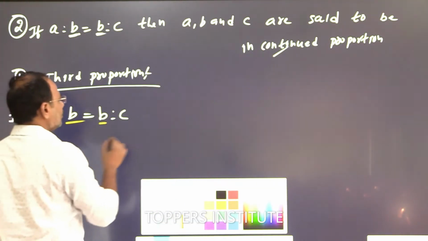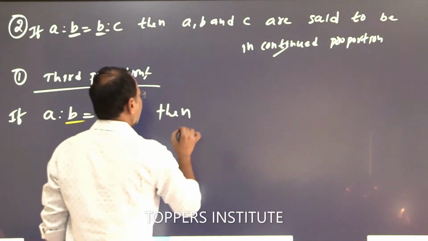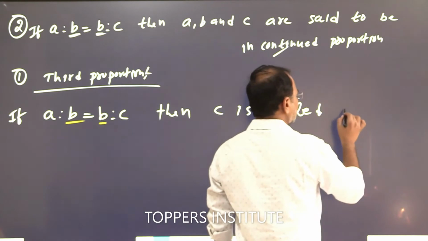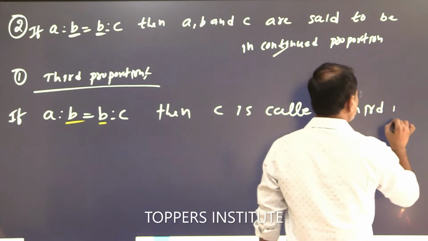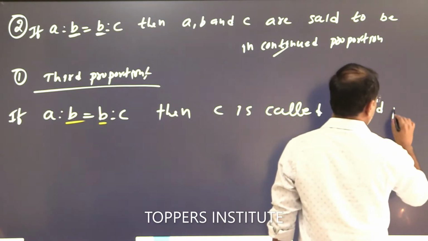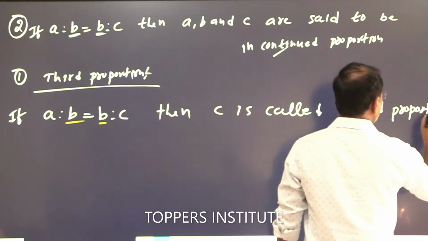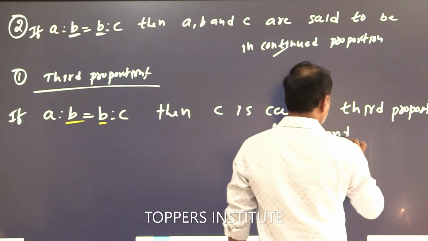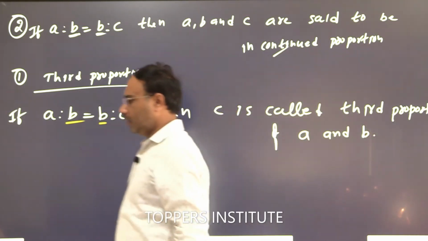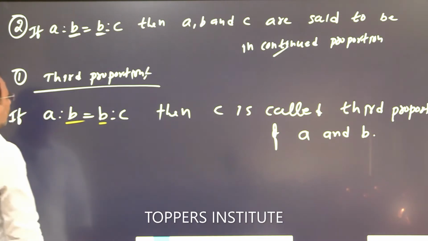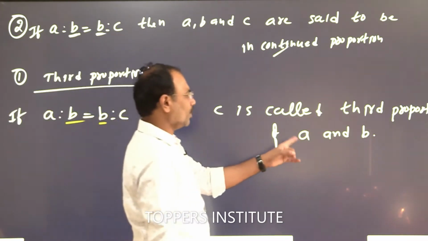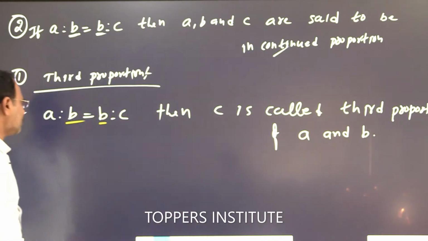If A is to B is equal to B is to C, then C is called third proportion of A and B. So this is the definition of the third proportion. Definitely third proportion is defined on continued proportion.